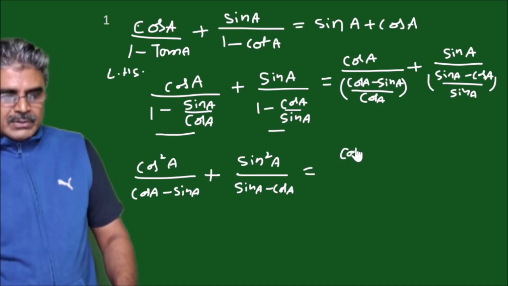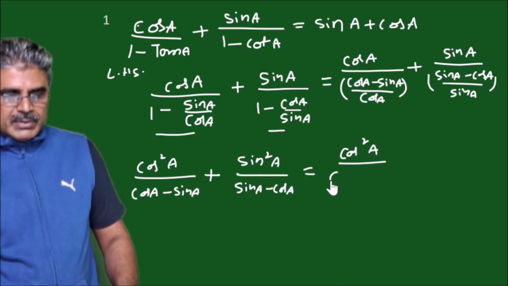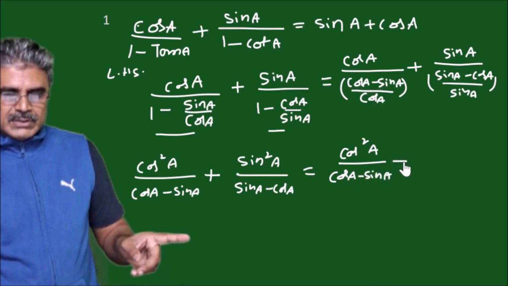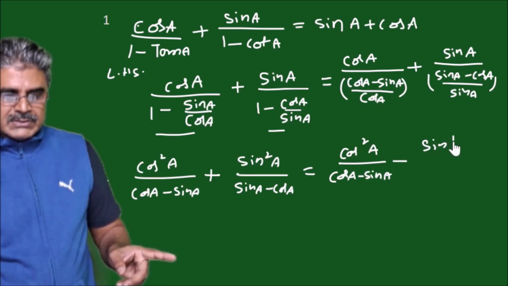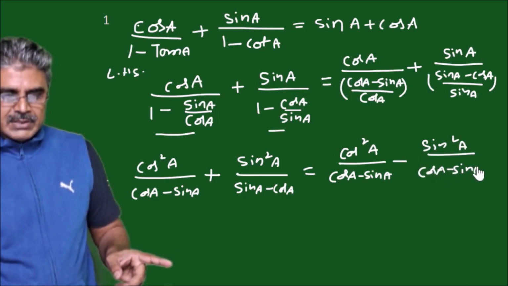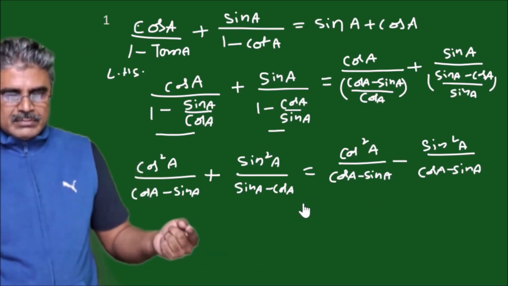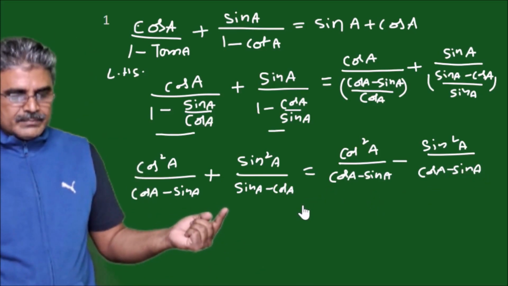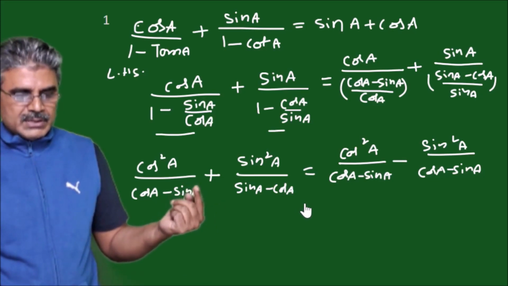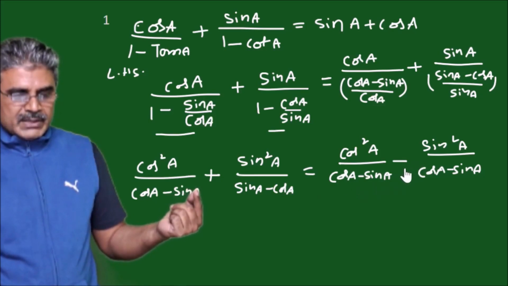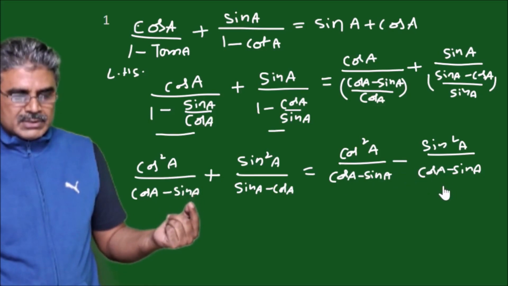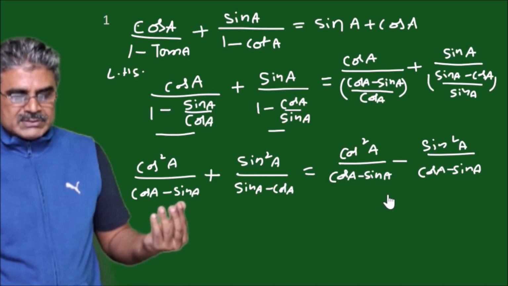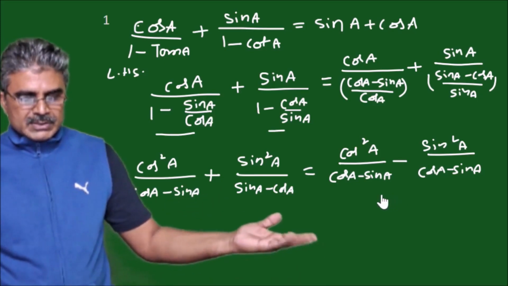So you have cos square A divided by cos A minus sin A, minus sin square A divided by cos A minus sin A. So what we did: we took minus 1 as common in this expression and multiplied it with the plus, so that you got minus in the middle, and the term is reversed and is the same in the denominator.